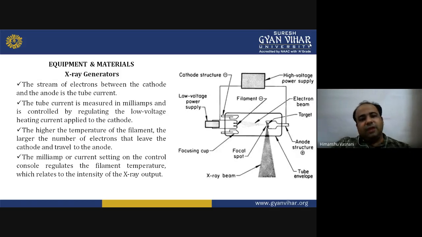The stream of electrons between the cathode and the anode is the tube current. The tube current is measured in milliamperes and is controlled by regulating the low voltage heating current applied to the cathode.